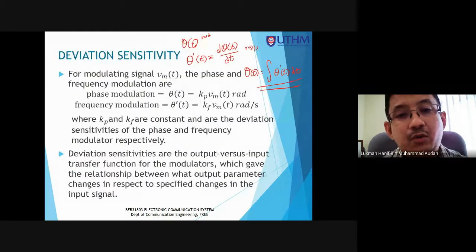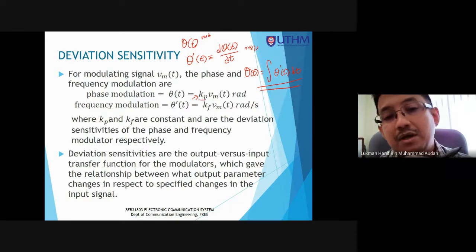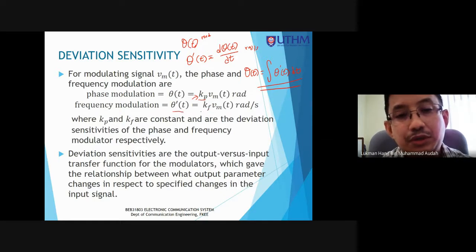Theta t is equal to Kp Vm(t), where Kp is the phase deviation sensitivity parameter. And theta prime t is equal to Kf Vm(t), where Kf is the frequency deviation sensitivity parameter. Kedua-dua ini adalah constant parameter.